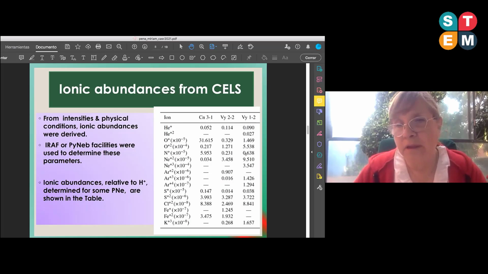And here are the values relative to the hydrogen plus abundance.